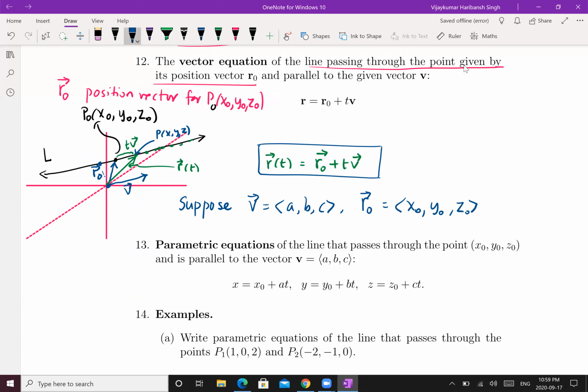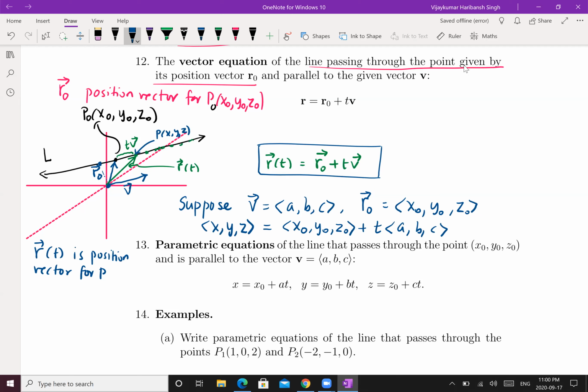So let's write that down. r of t is the position vector for P. So we get r of t, which is x, y, z in vector format, equals r0, which is x0, y0, z0, plus tv, which is t times a, b, c.